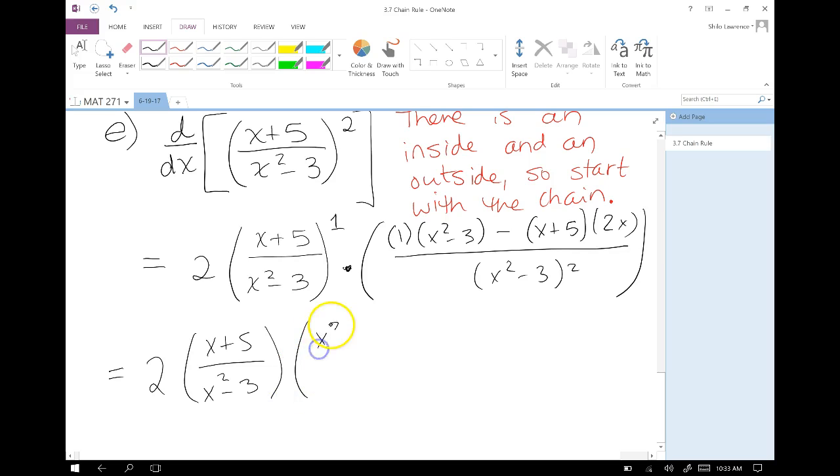So we've got x squared minus 3, because it's just being multiplied by 1. Here, I need to distribute that 2x. And I need to distribute the minus. So that's minus 2x squared and minus 10x.